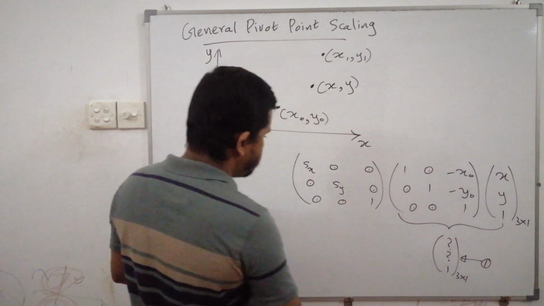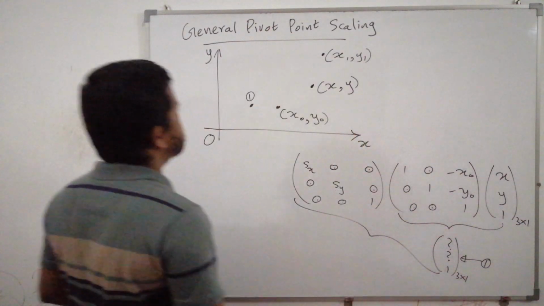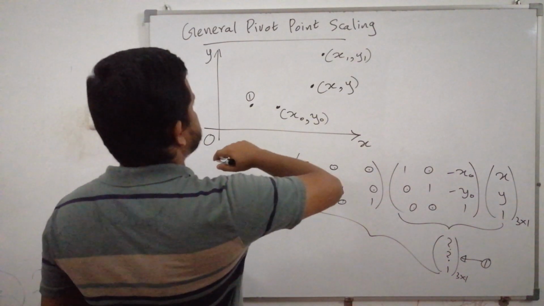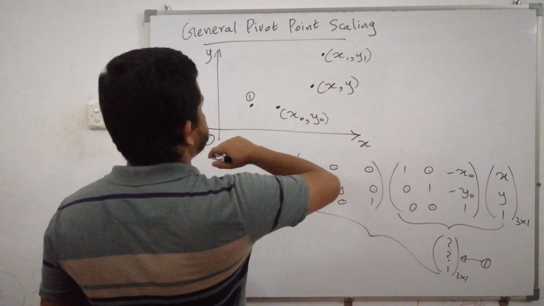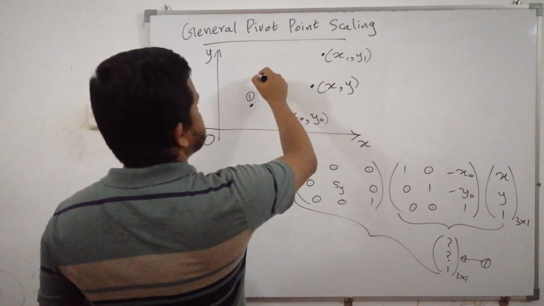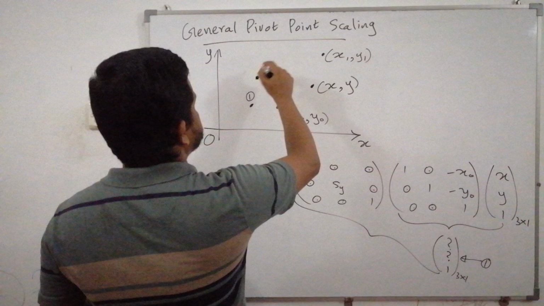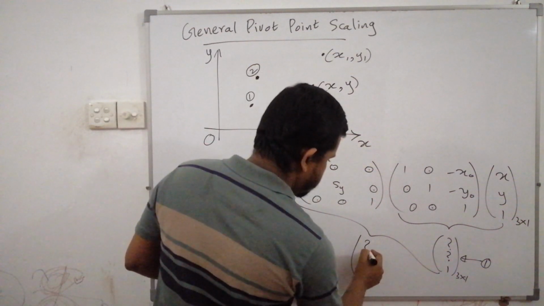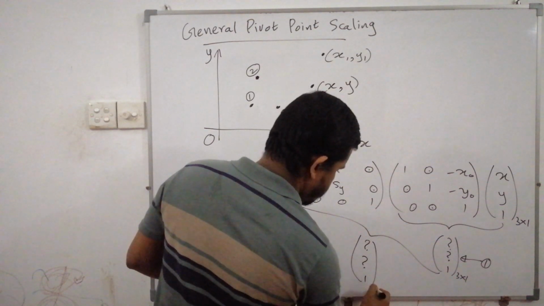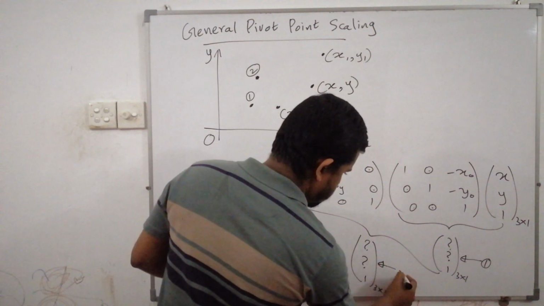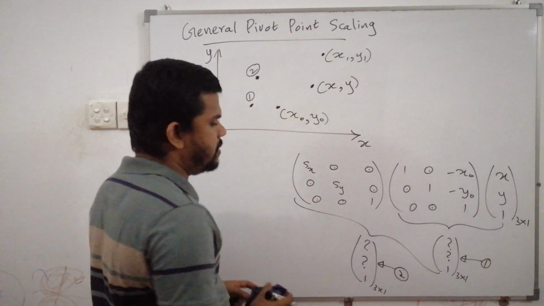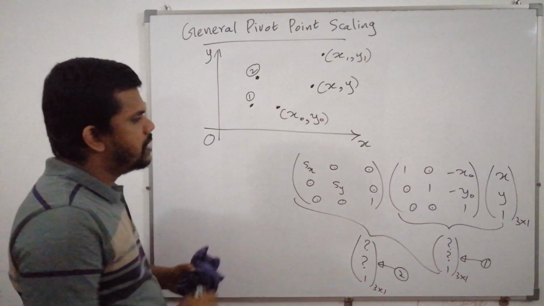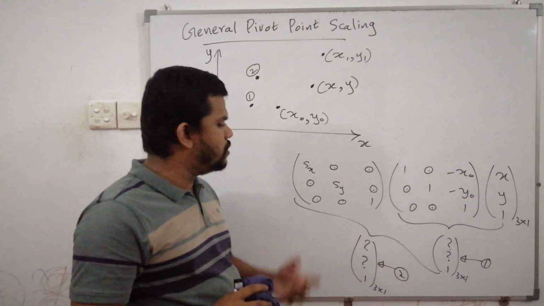So when we scale, let's say it moves here. This is the matrix corresponding to this position. Now, what should we do?